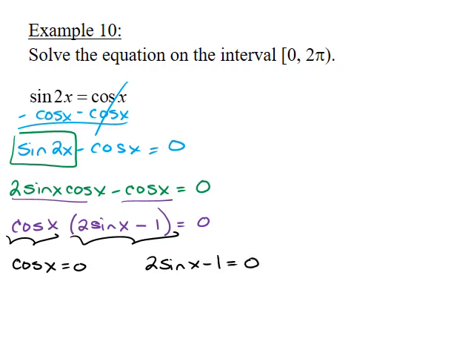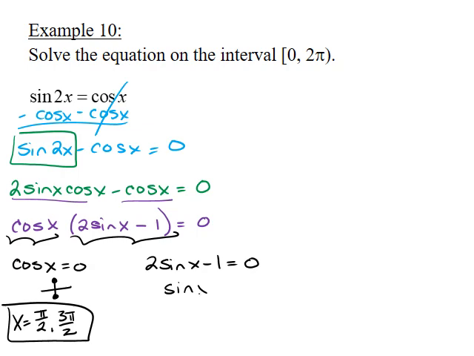When I solve each of these, cosine of x is equal to 0. We've done this. Remember, cosine of x is equal to 0 here and here. So at pi over 2 and at 3 pi over 2. When I solve this other one, I'll add 1 and divide by 2. So sine of x is positive in the first and second quadrants with a reference angle of pi over 6.